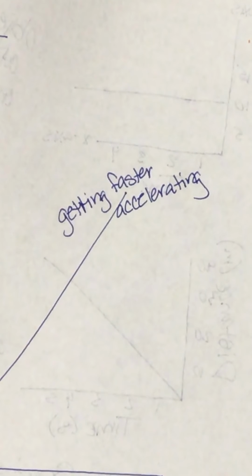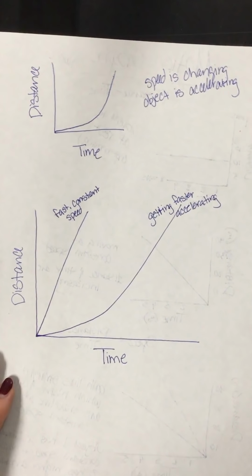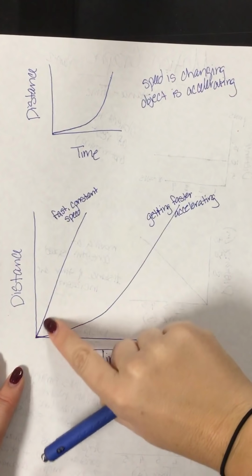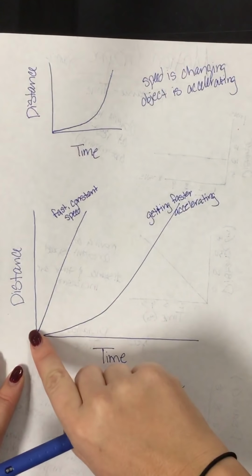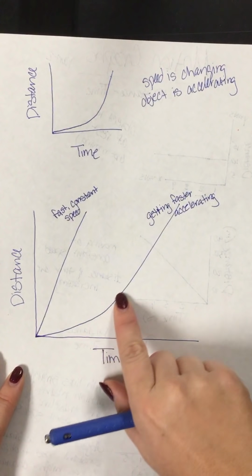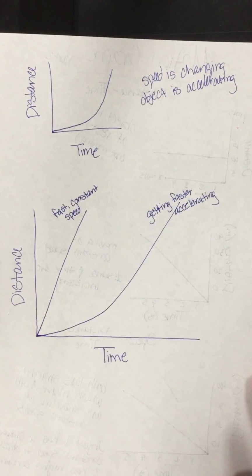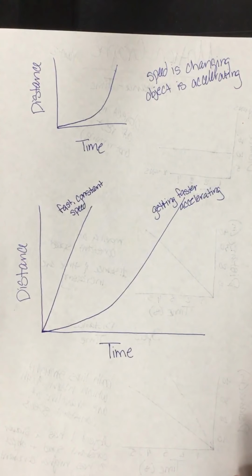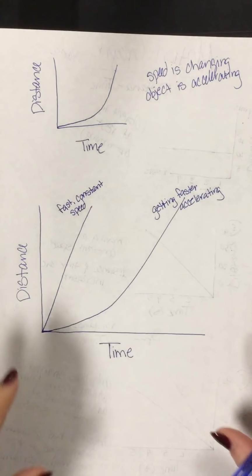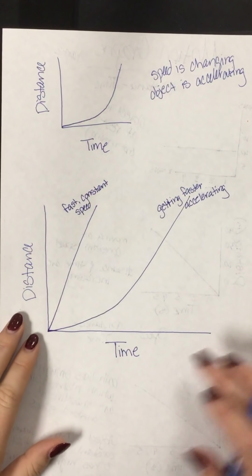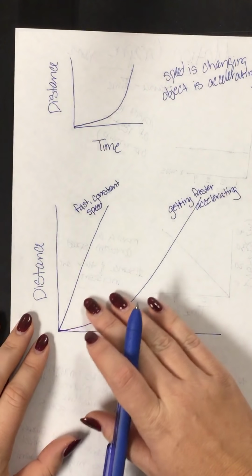Zoom in, make sure you can see that. Okay, so here's our two objects. Our first one's moving very quickly. It's at a constant speed. This next one starts out a little bit slower, and then it quickly increases its speed. It accelerates.